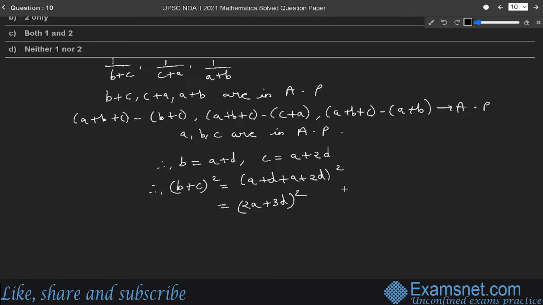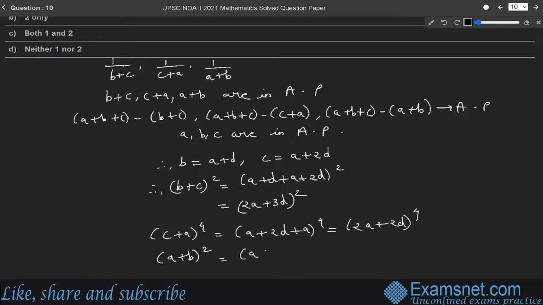Similarly, finding the value for C plus A to the power 4, it will be equal to A plus 2D plus A to the power 4, which will be equal to 2A plus 2D to the power 4. Similarly, the value for A plus B whole square will be A plus D plus A whole square, which is 2A plus D whole square.